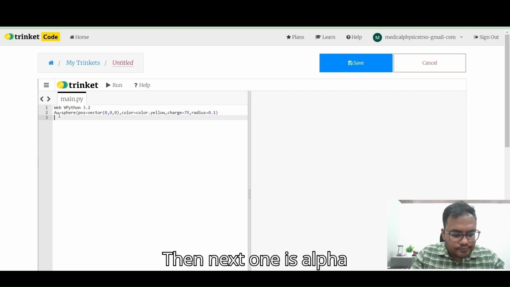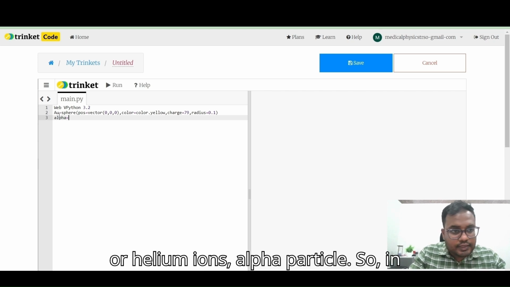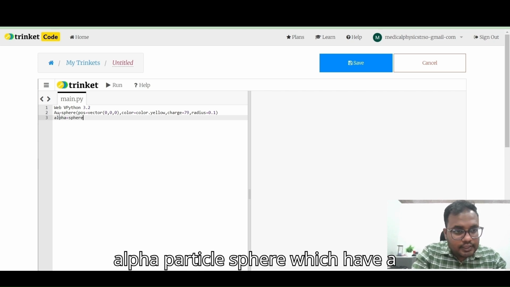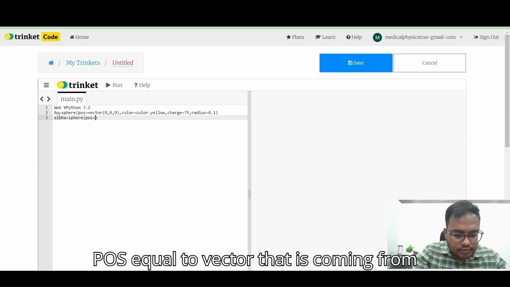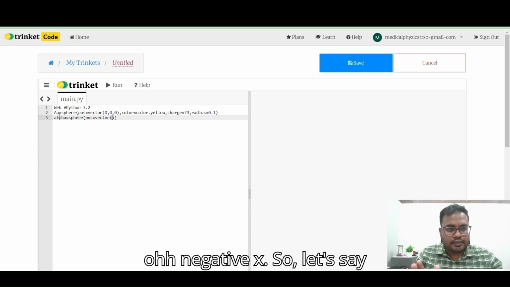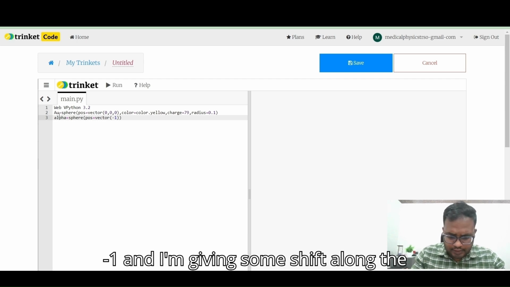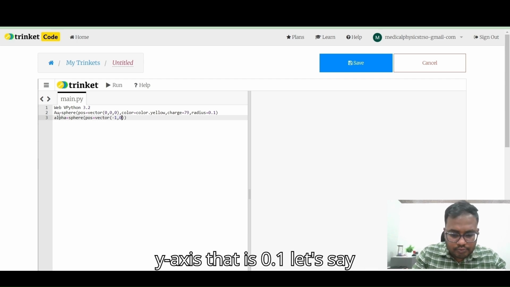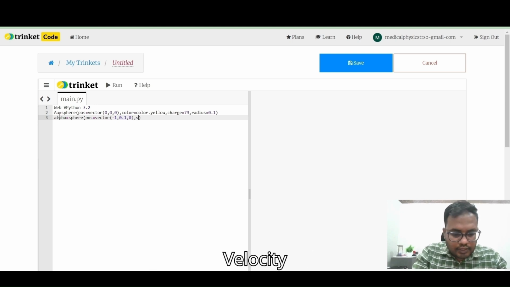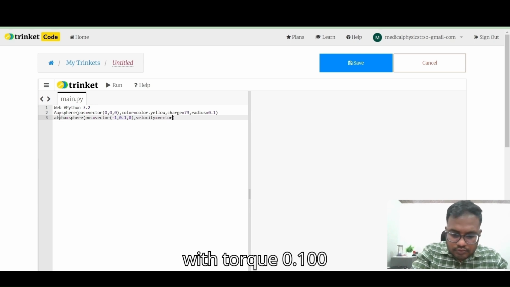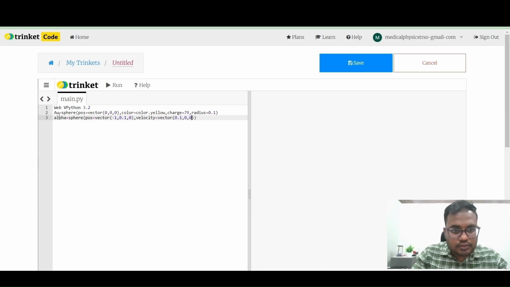Then the next one is alpha, or helium ions, the alpha particle. It is a sphere which has a position vector pos equal to vector, coming from negative x, so let's say -1, and I'm giving some shift along the y-axis, that is 0.1, and z equal to 0. Velocity equal to vector 0.1, 0, 0.